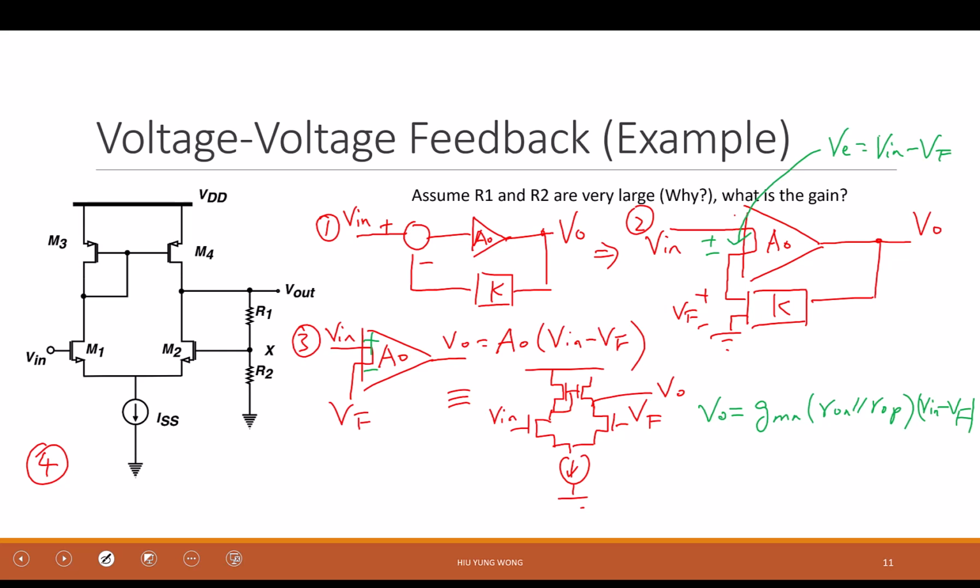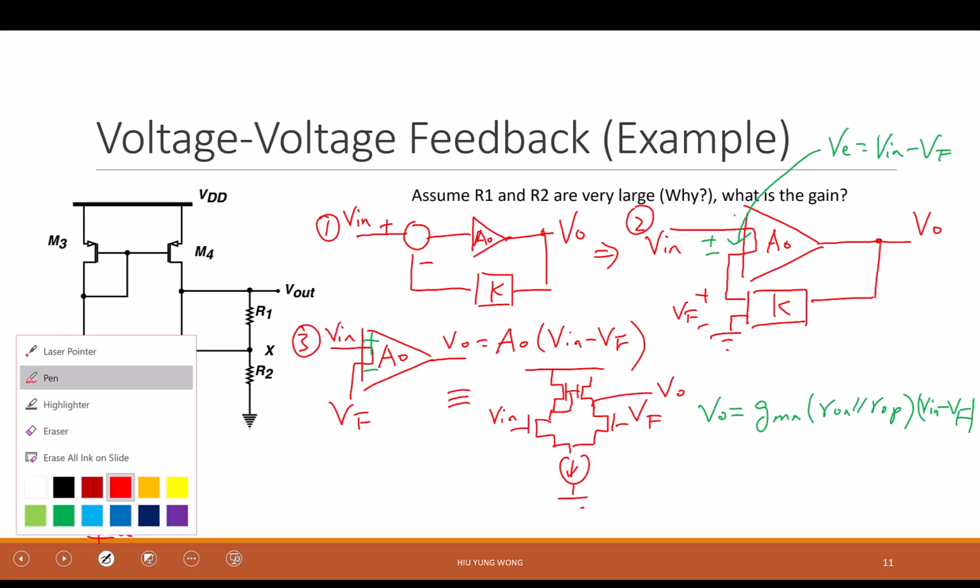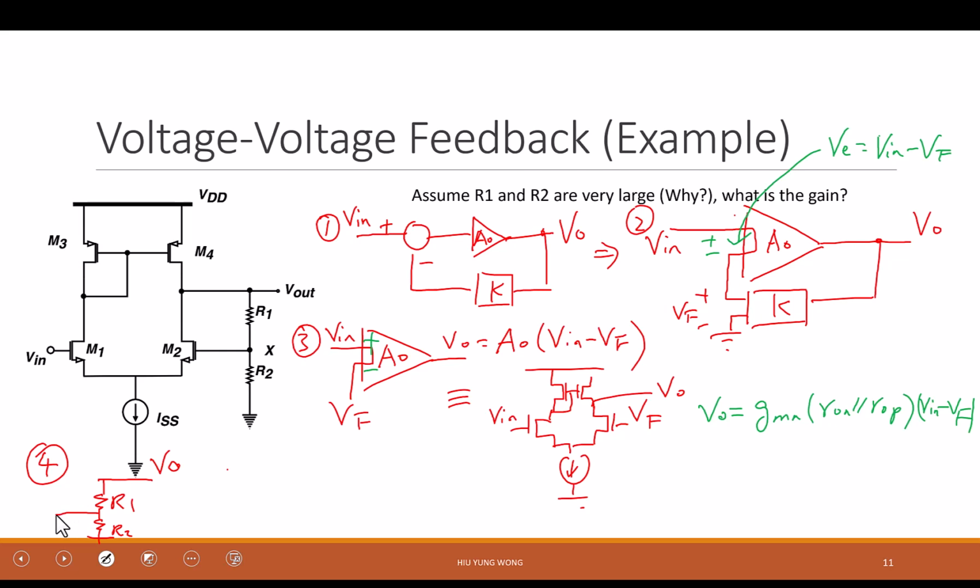So regarding the feedback, I will claim that, like what you say, voltage divider. This is output. Then I have R1, R2. Then I take this part as VF. Then everything is just like a puzzle, they match. V out, VF, and this VF comes to here. Okay? So then what is the feedback factor?